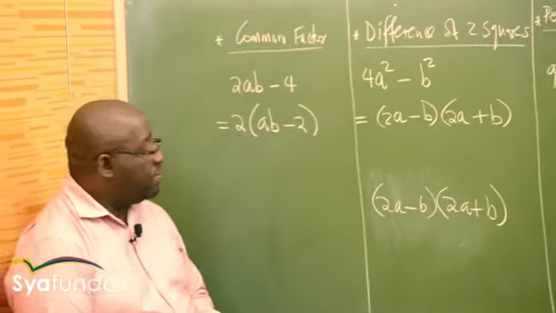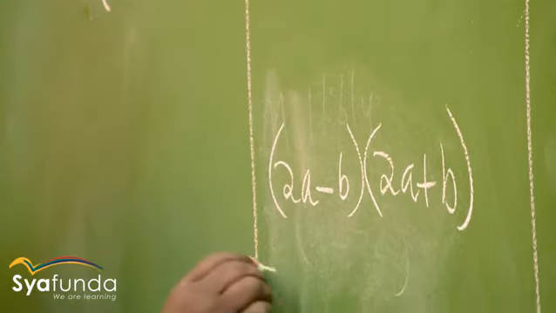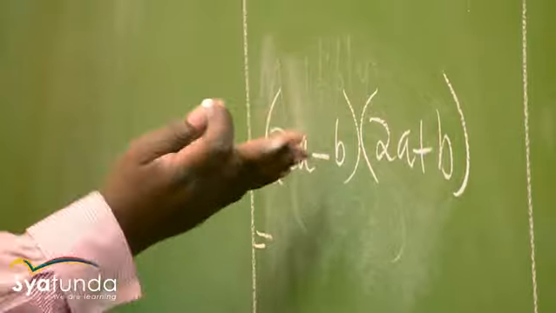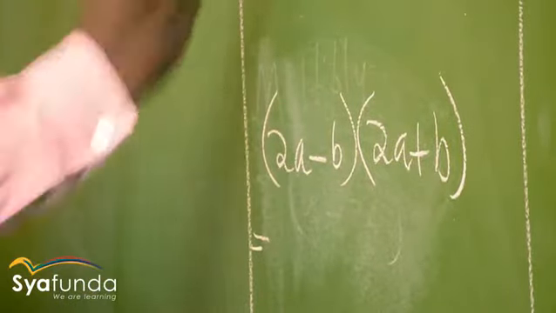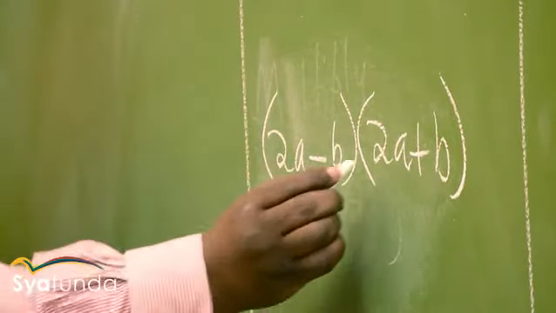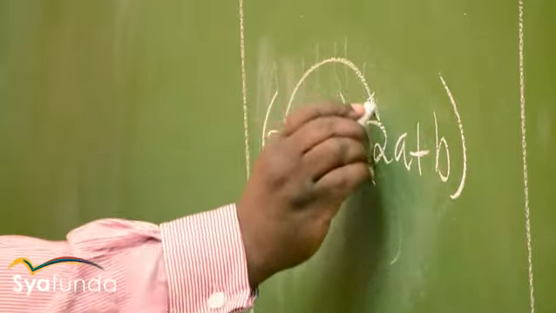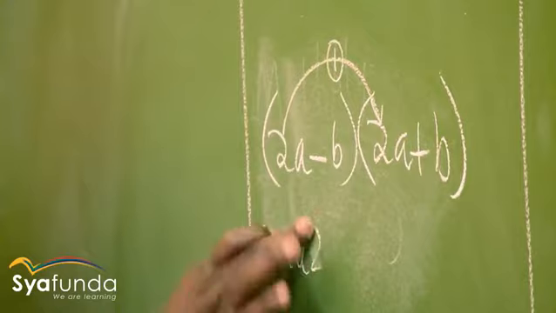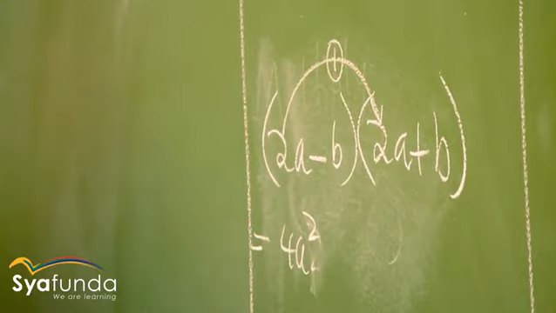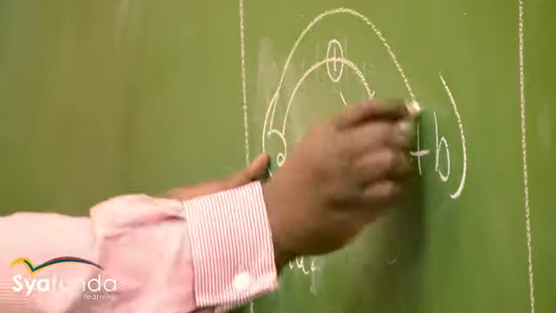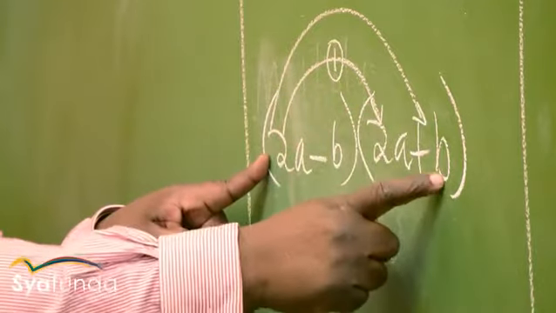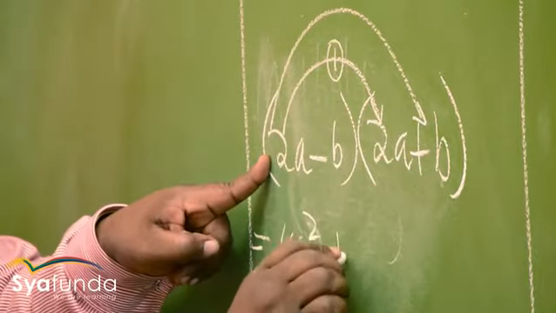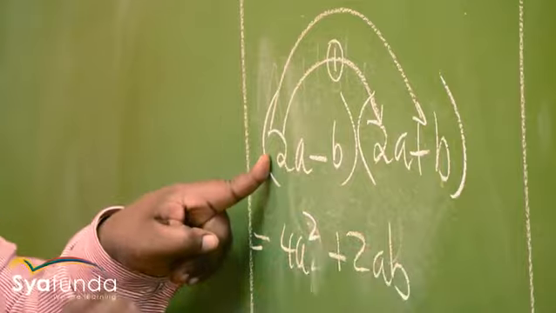Let's do it together. The question here will be saying multiply. That one says factorize. What is 2A times 2A? First term by the first term. This is 4A squared. Then second step, this and this one. It's 2A times B. It's going to be plus 2AB.